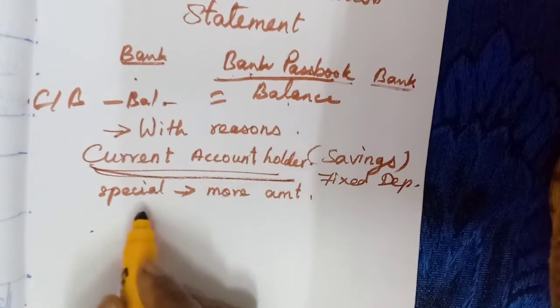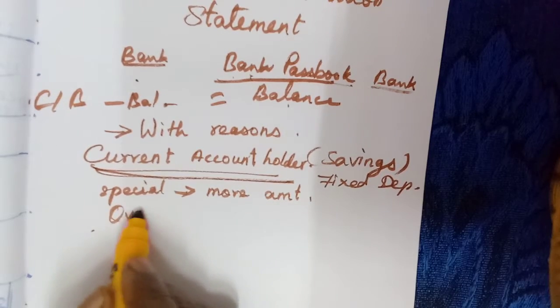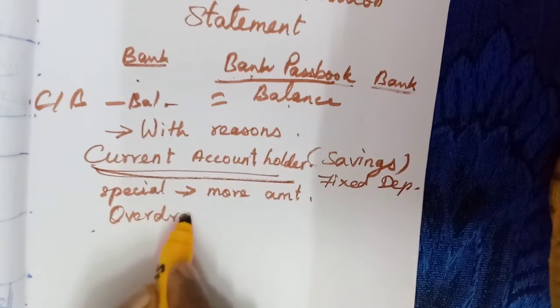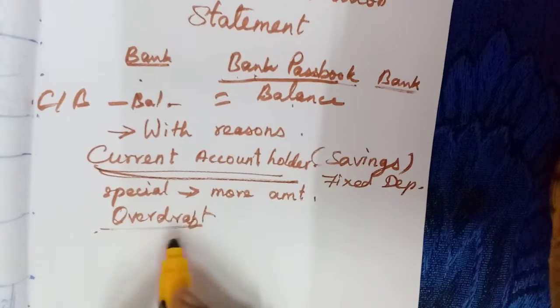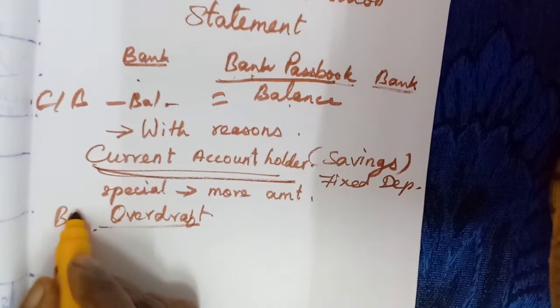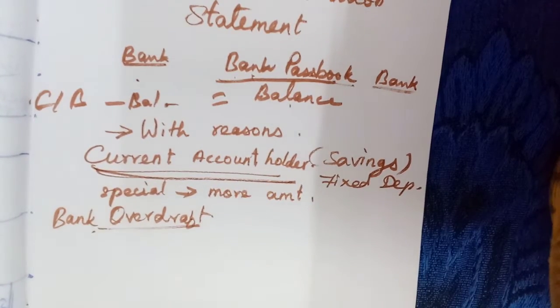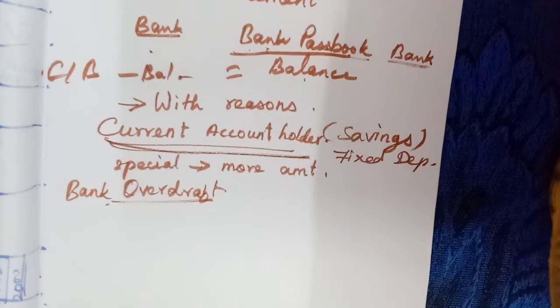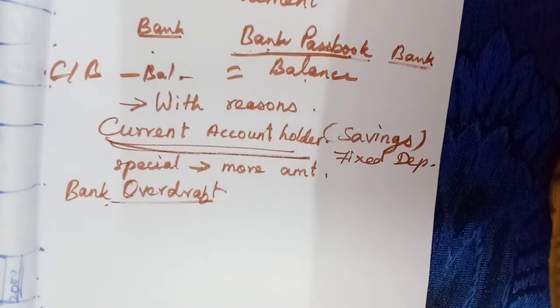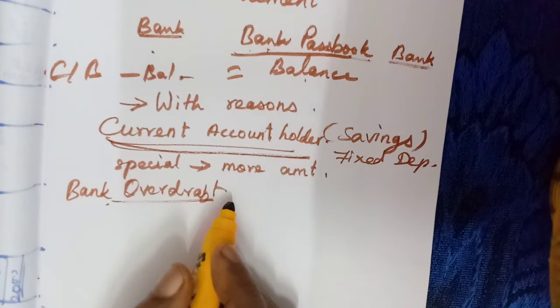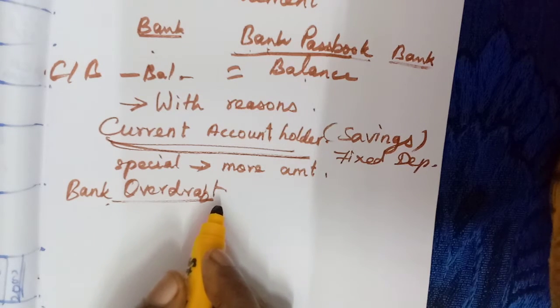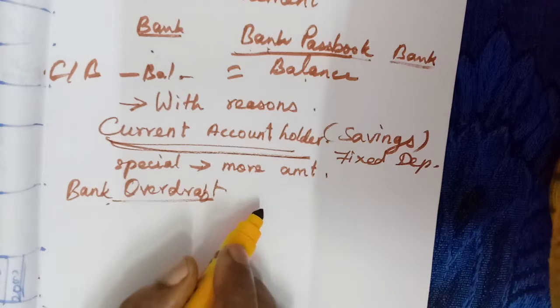That is called overdraft, or bank overdraft. In the balance sheet, we have not learned that yet, isn't it? This will be a liability, available on the liability side of the balance sheet.